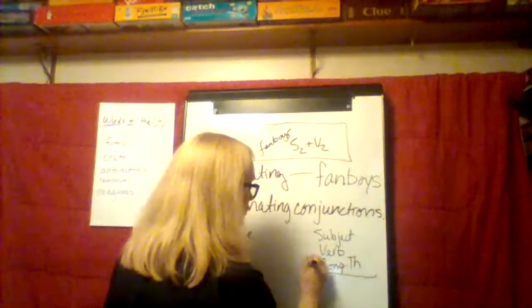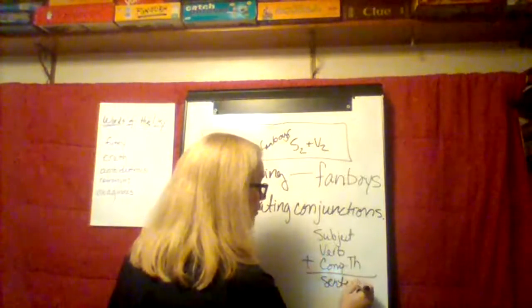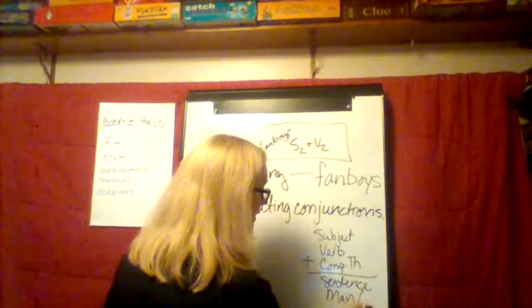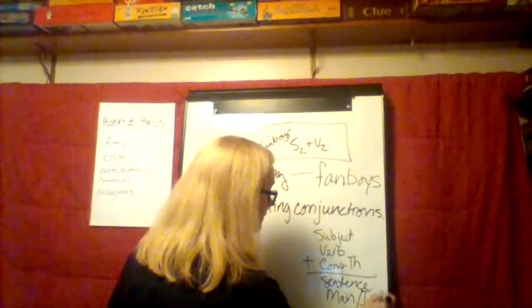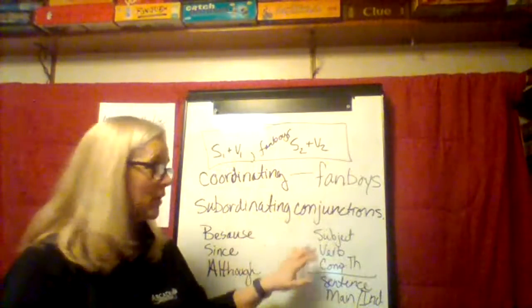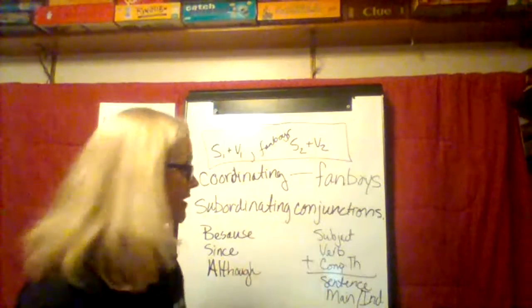You combine those, and you get a sentence, or we can also call it the main clause, or the independent clause. So that's how you would build an independent clause. You can add adjectives, adverbs, prepositional phrases, etc.